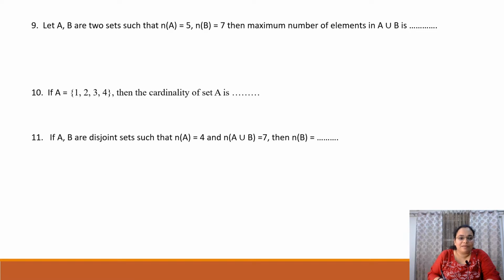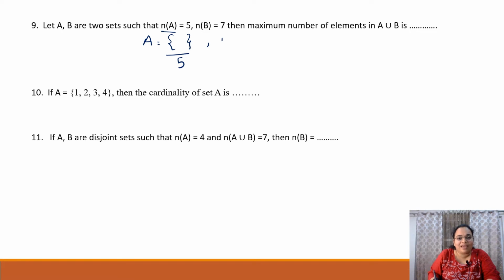Let A, B be two sets such that n of A is 5, n of B is 7. Then what is the maximum number of elements in A union B? We know that n of A is nothing but the cardinal number for the set A, right? So set A has 5 elements in it.